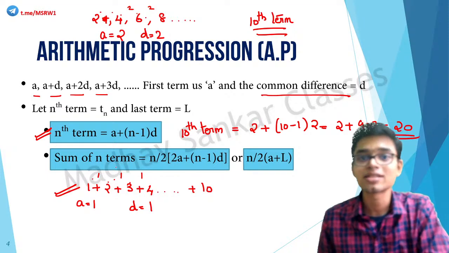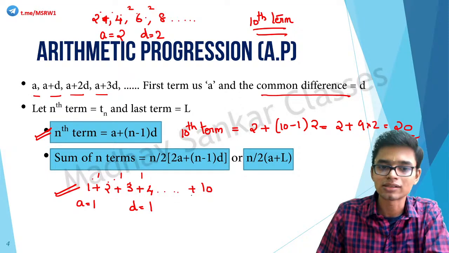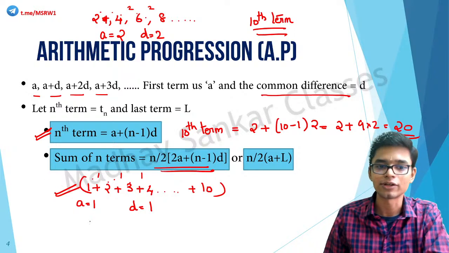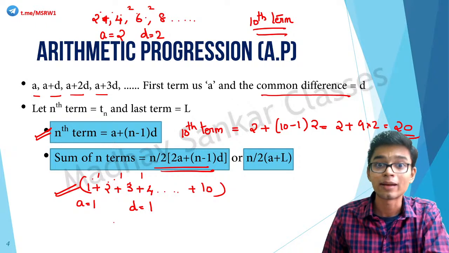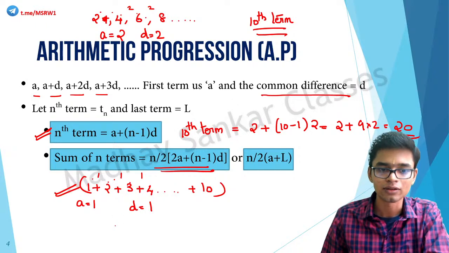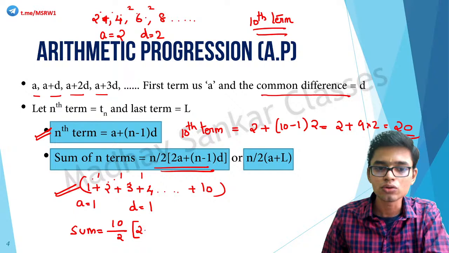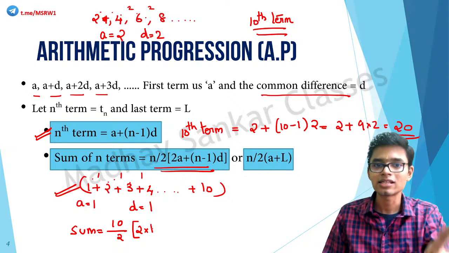I'm going to find the sum of the series 1 plus 2 plus 3 all the way up to 10 using the first formula, n by 2 into 2a plus n minus 1 into d. What is n here? The number of terms, that is 10. So the sum is equal to 10 by 2 into 2 times a. The value of a is 1, the first term.